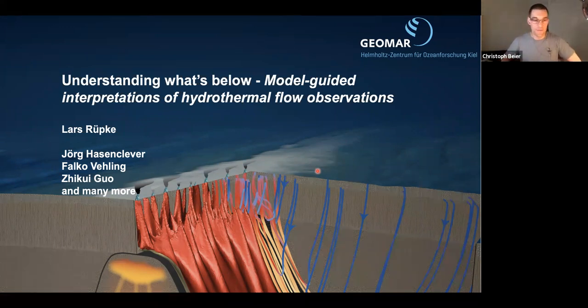So kind of the initiation of his hydrothermal career, some of which he will talk about today, I'm sure. And since 2011, he's professor and leader of the seafloor modeling group at Geomar, which combines models with data to investigate the role of the ocean floor and the Earth system as a whole.